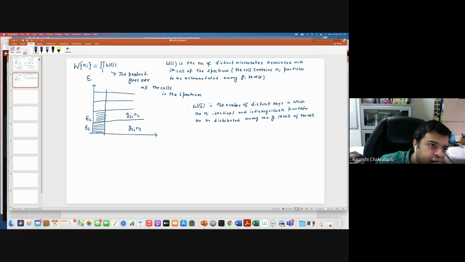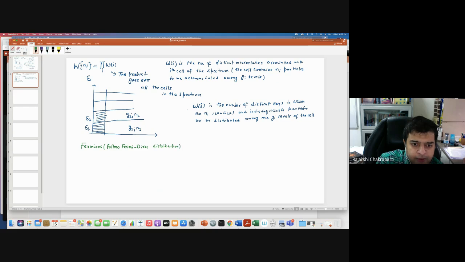So next, let us assume that I have capital N number of particles which are fermions. They follow what is known as the Fermi Dirac distribution. We'll see what that is.